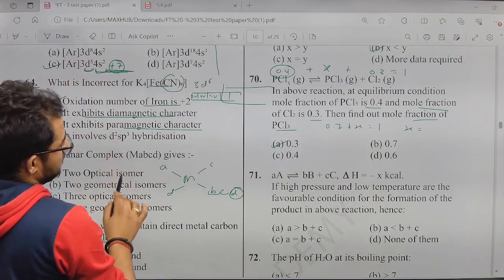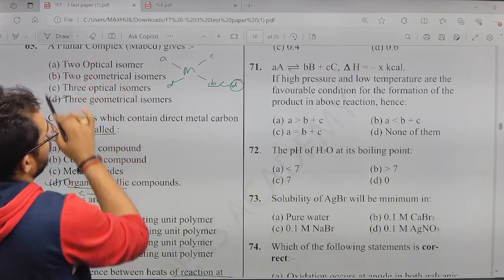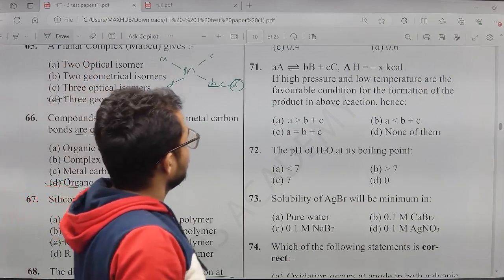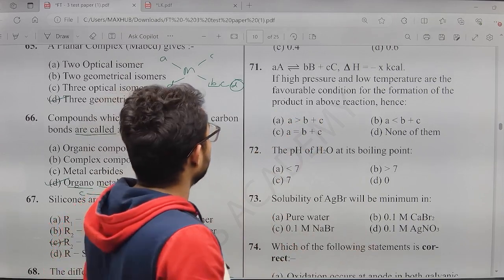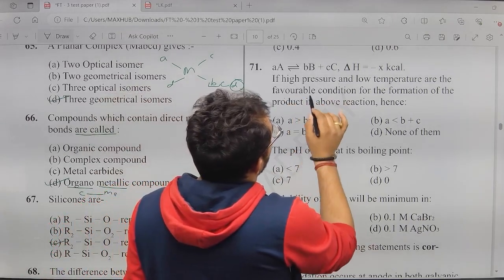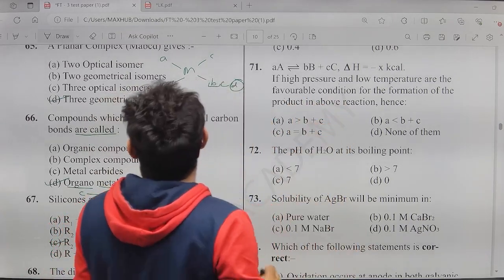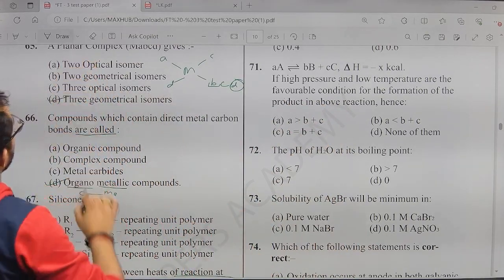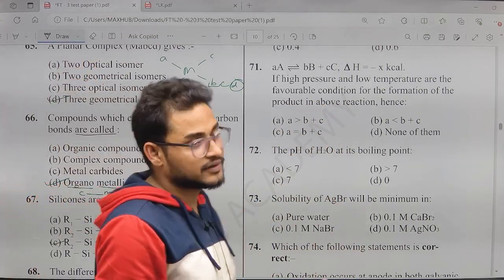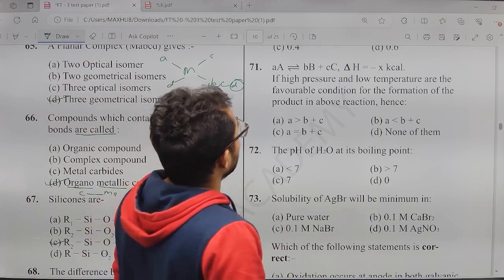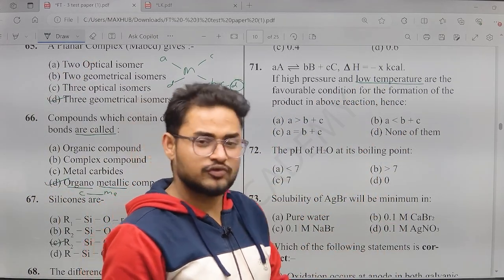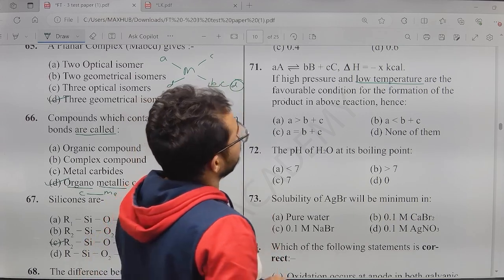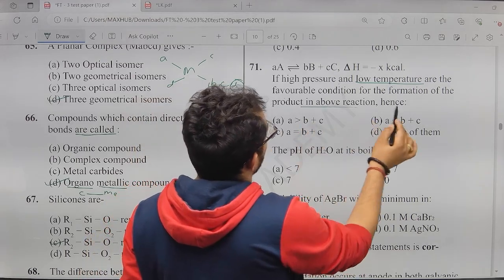Now the next question, number 71. You will see that he is providing the condition; Le Chatelier's principle will be followed here. If this reaction is taking place, the favorable conditions are high pressure and low temperature. Low temperature, why? Because it is exothermic, so obviously low temperature is favorable. Then which is the right option?